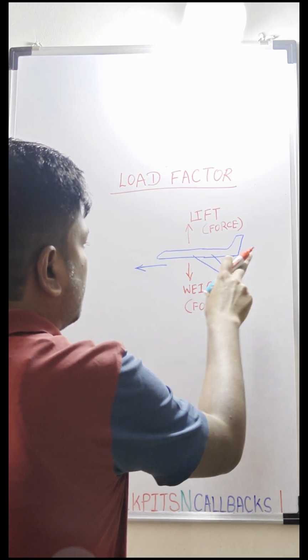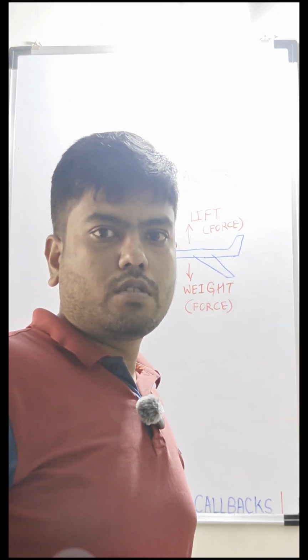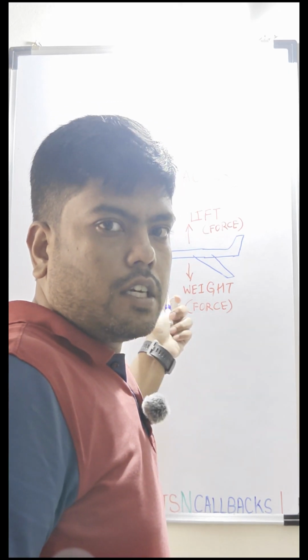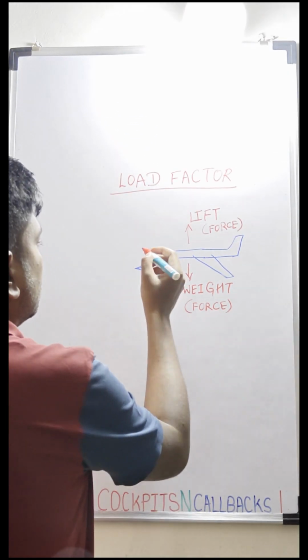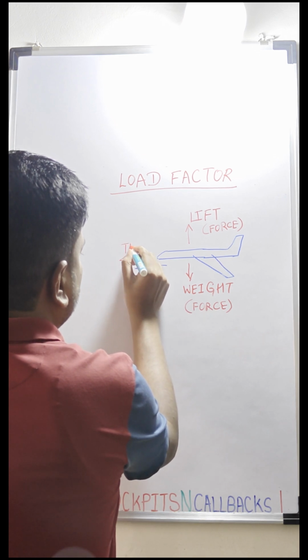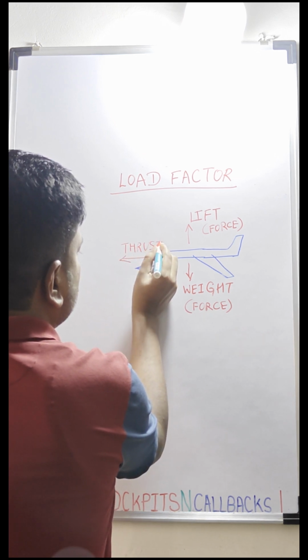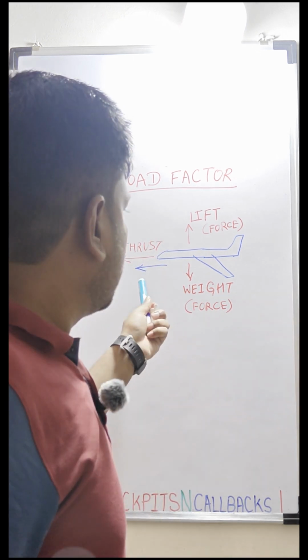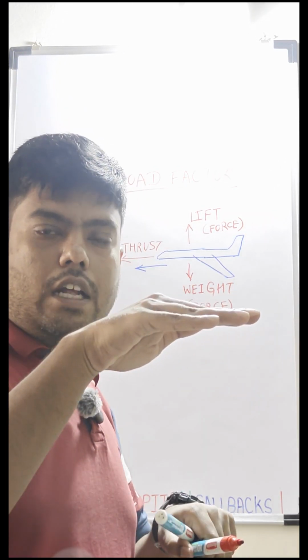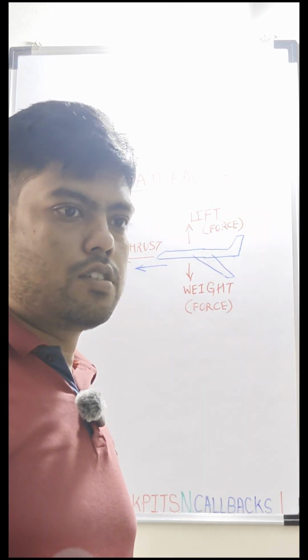There will be two more forces acting. The aircraft is moving in this particular direction, so for it to move there is a force called thrust. Thrust is the push that makes the aircraft move in a certain direction.